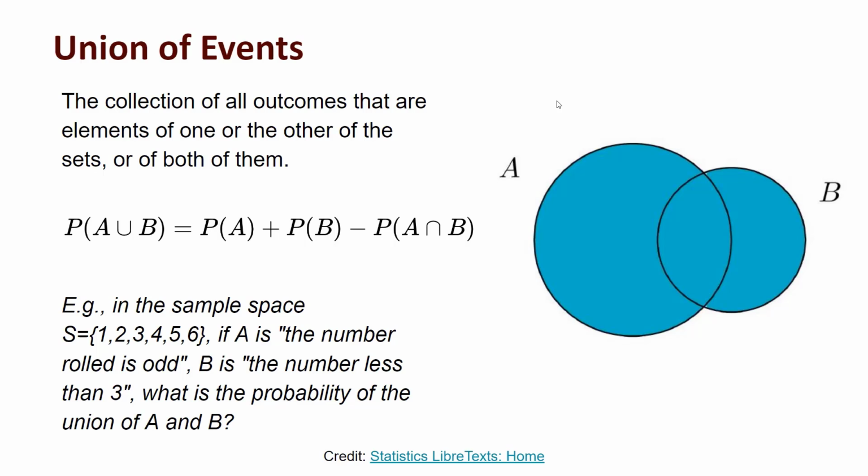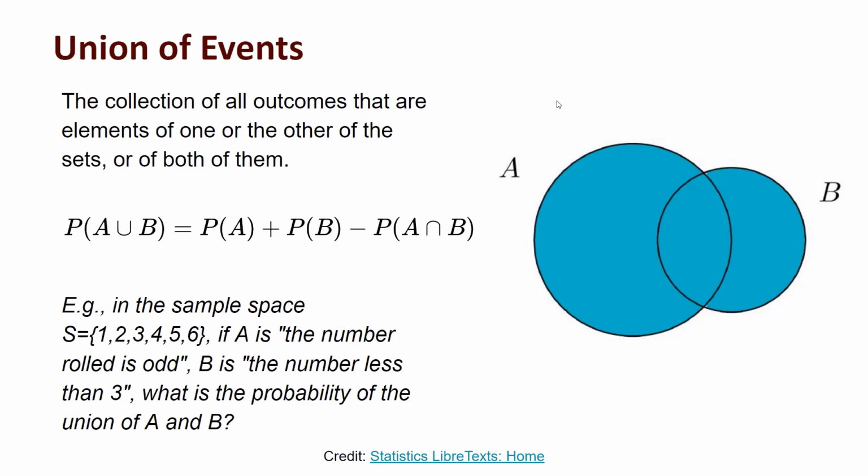And for example, if you are trying to calculate in the sample space S, which goes from 1 to 6, where A is the number rolled is odd and B is the number rolled is less than 3, what's the probability of the union of A and B? Okay, for A, the number rolled is odd, it's simply what? It's 1/2, right? We already calculated that. B is simply 1/3, we also calculated that.